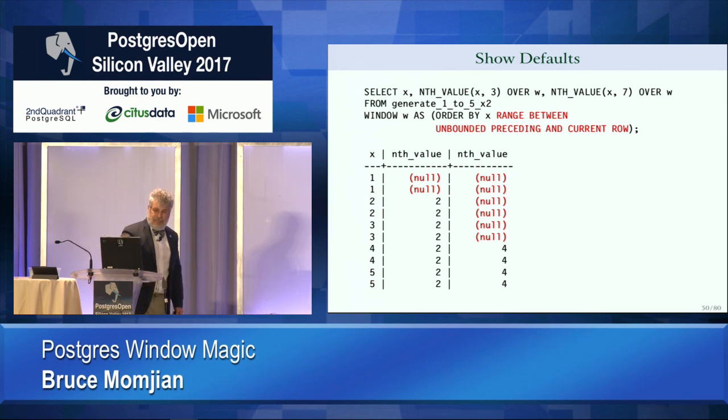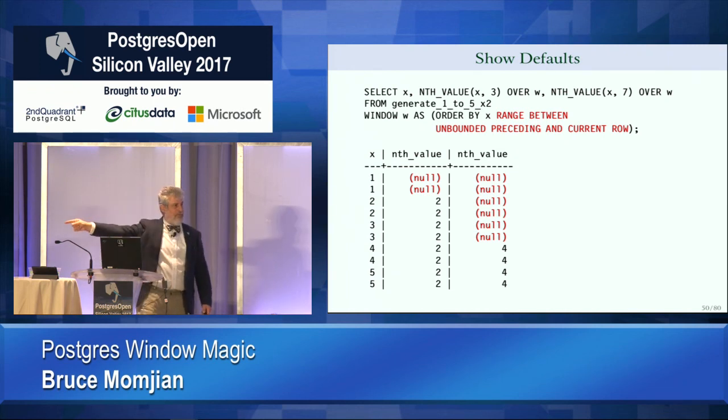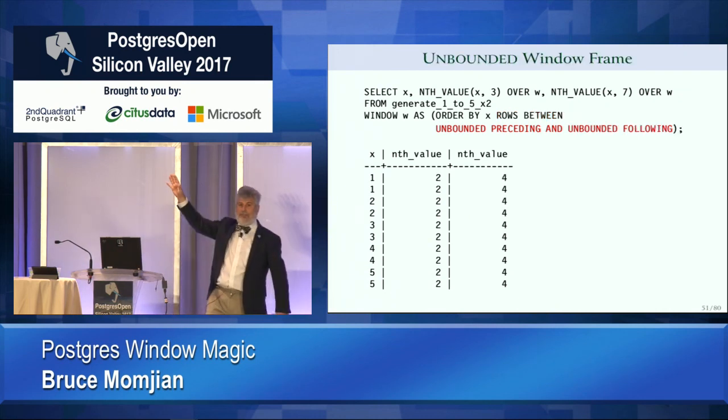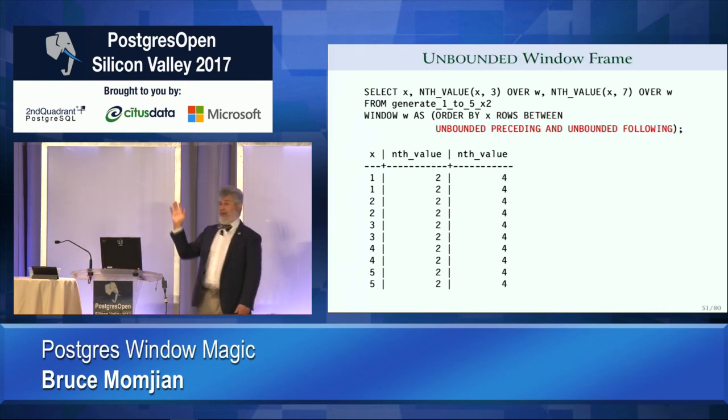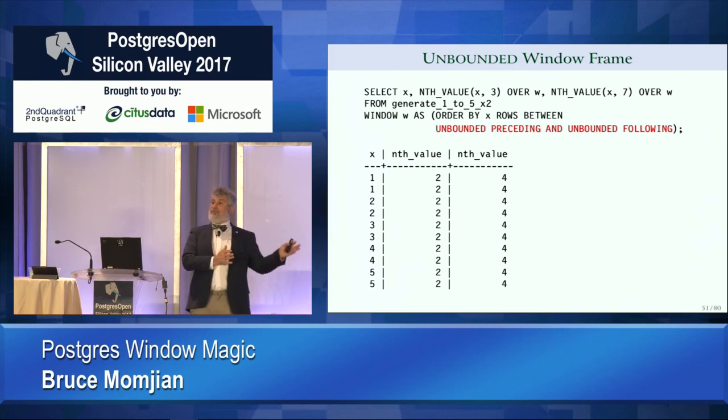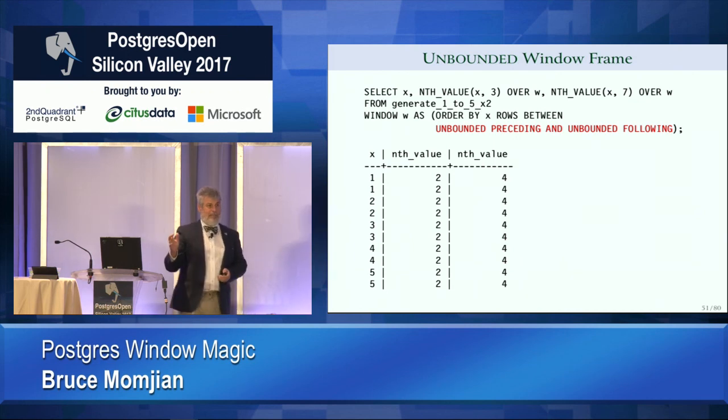The reason the third column doesn't have a 4 until almost the end is because it isn't able to go forward, because our default frame clause is saying current row. As soon as we open it up, it's like, I can find the third row. I can see the whole frame now. Even from the first row, I can see the whole frame. All right?